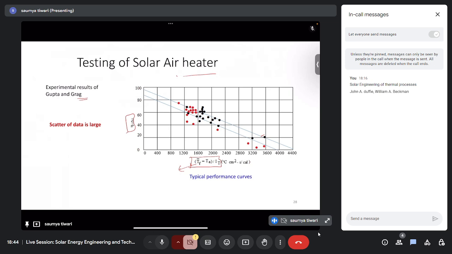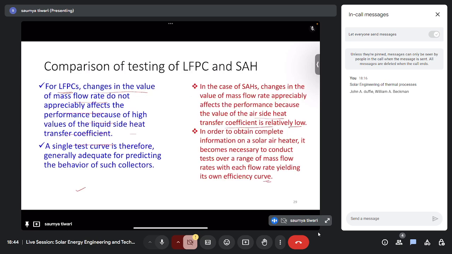But in case of a solar air heater, we are using air, right? So the heat transfer coefficient for that is very low. So we basically plot this performance curve for various mass flow rates for your efficiency, to calculate its performance. How it is done will be well explained by this particular problem.